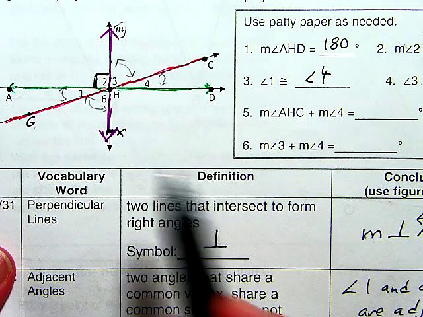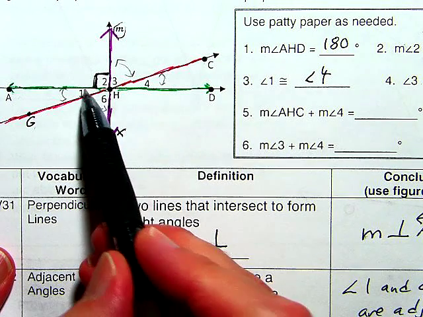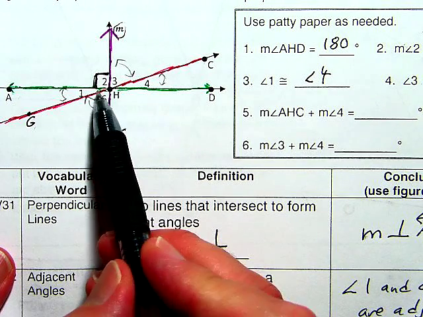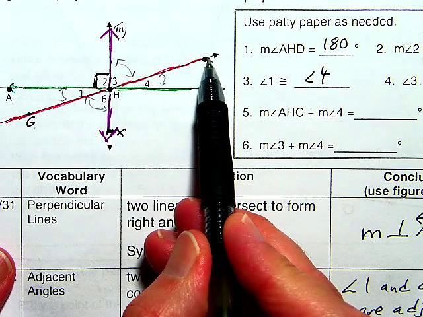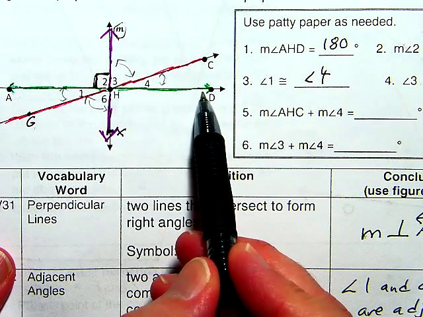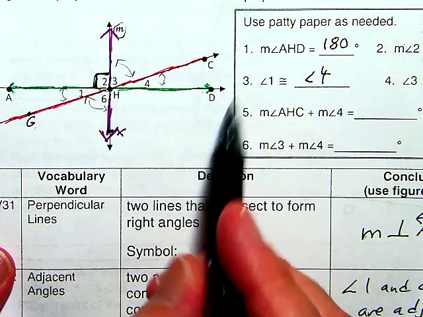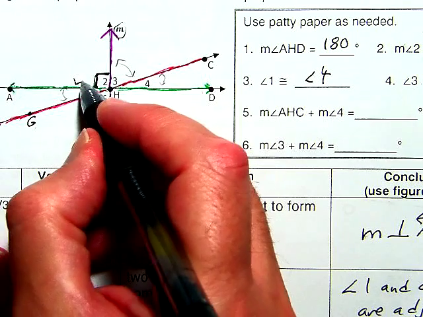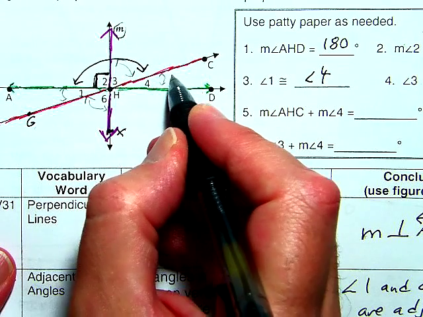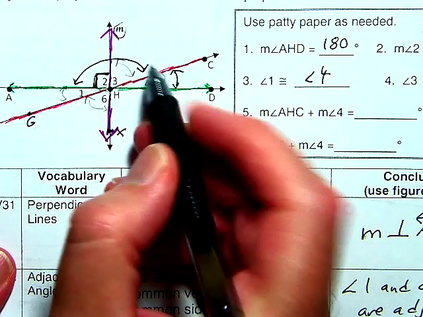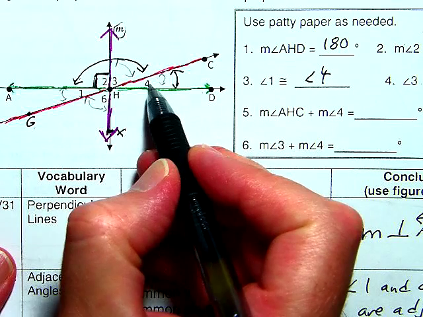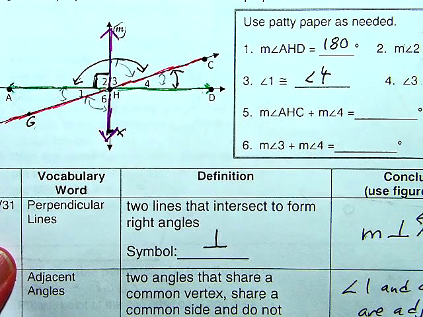Another way of looking at this is that if we add the two adjacent angles AHC plus CHD, we get a straight line, right? So the sum of this whole angle plus this angle is basically 180 degrees.